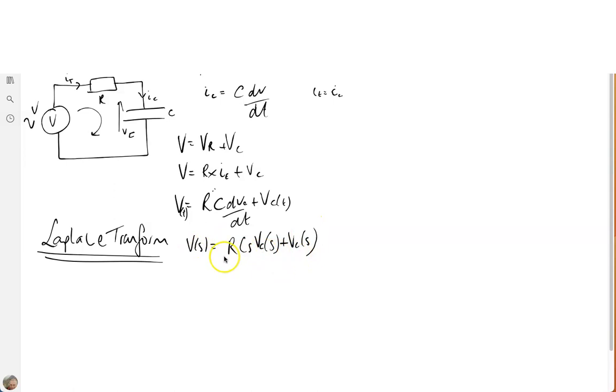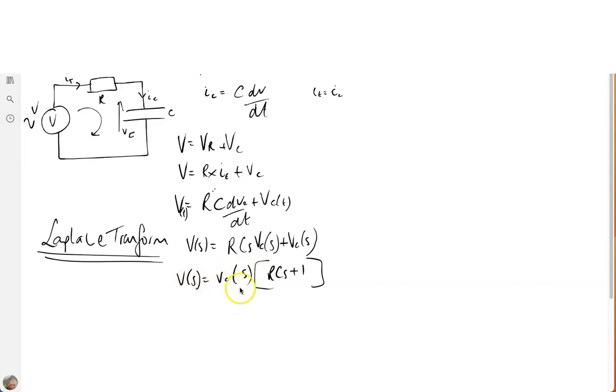So now we've got a nice algebraic equation that we can manipulate. Let's say V sub s is equal to this, which is our output. We need to express this as a transfer function, so we have our output divided by the input.